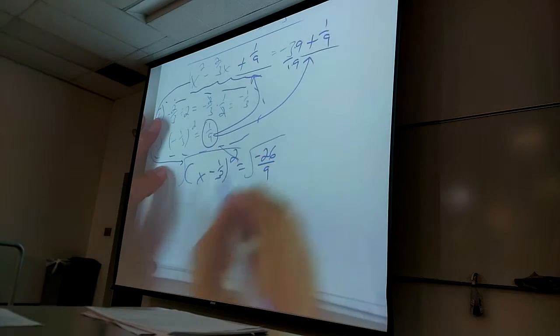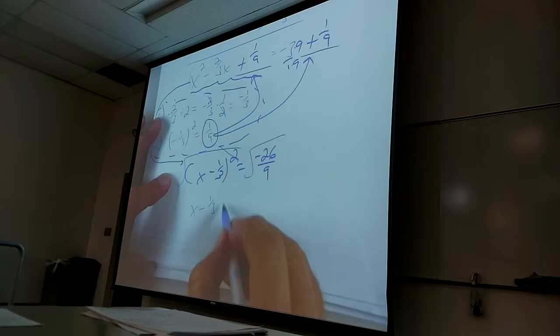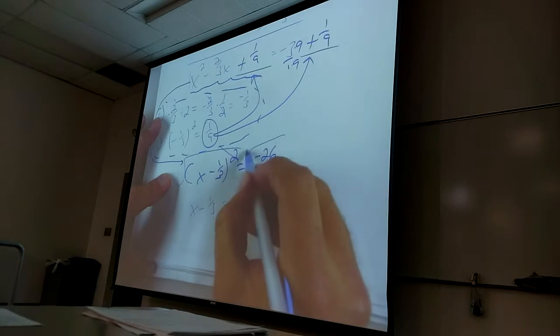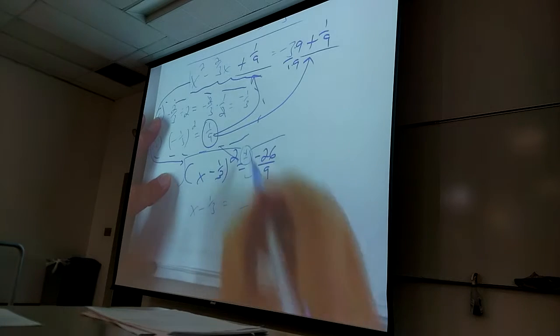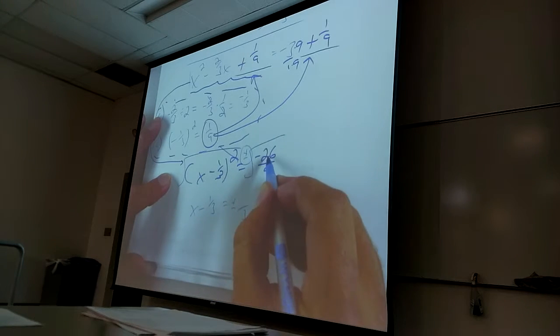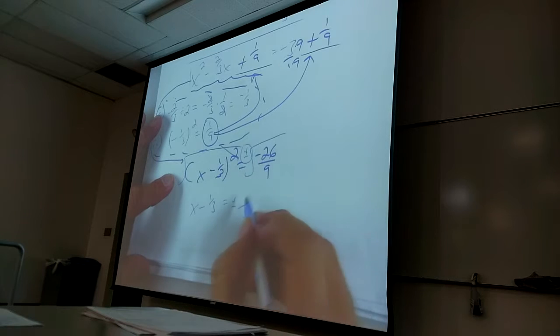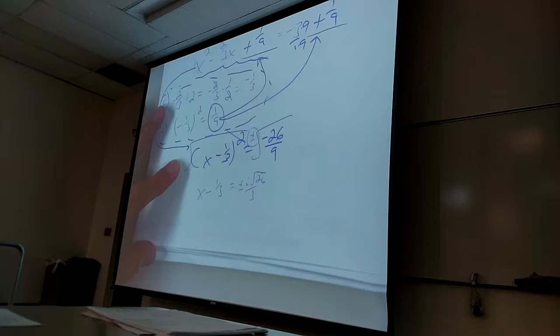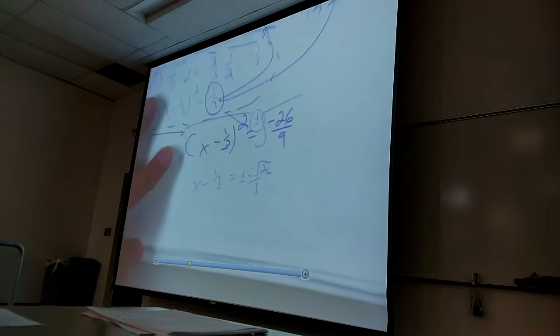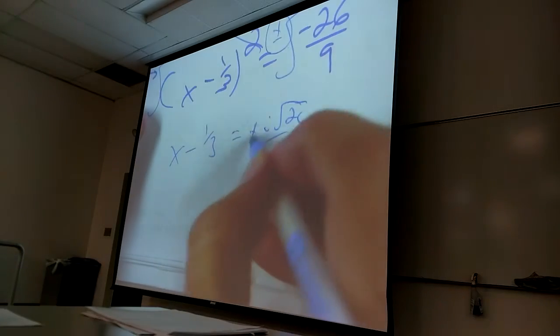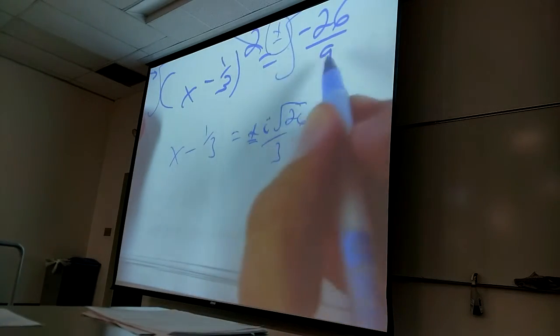So on this side I get, what's the square root of 9? 3. Plus or minus, right? And what do I have on the top? Yes. Square root of 9 is 3.